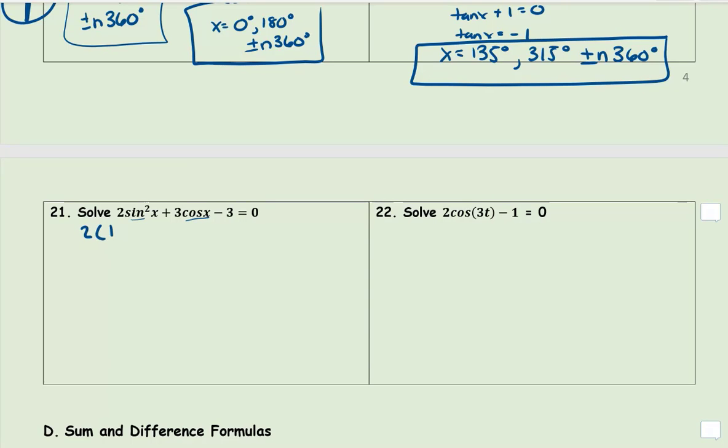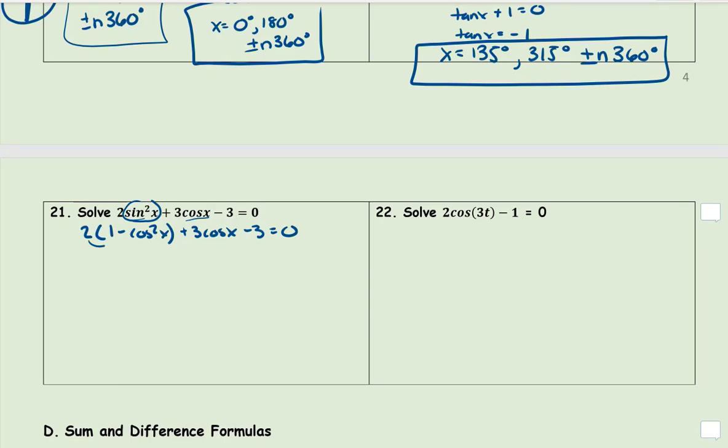So we have 2 times 1 minus cosine squared x plus 3 cosine x minus 3 is equal to 0. And again, I just want to point out that we used a Pythagorean identity here to go from sine squared x to this expression in the parentheses. So now we're going to distribute this 2.